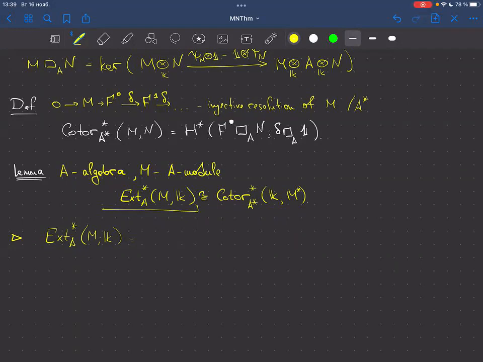Well, we can define it via a projective resolution of M or an injective resolution of K. So let's start with a projective resolution of M.